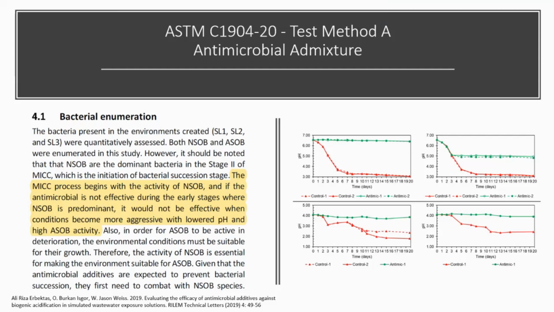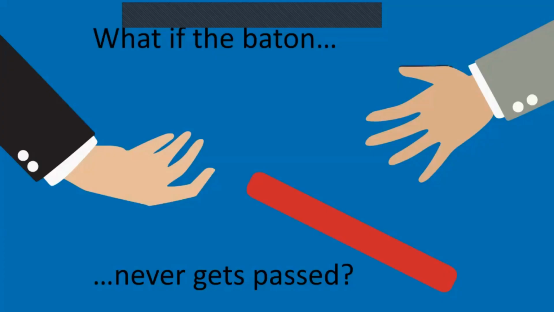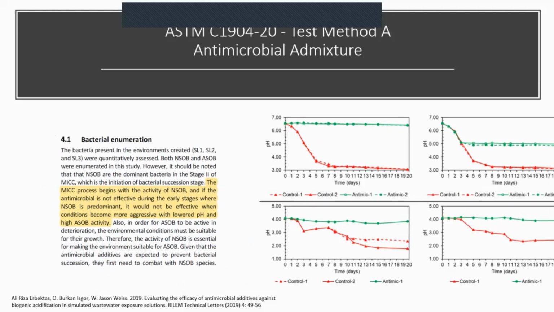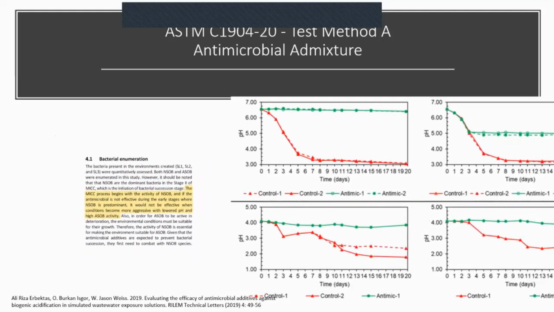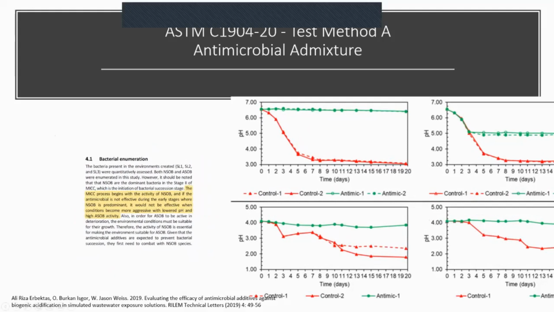So the whole case here is for the antimicrobials to be effective, you have to stop the chain of events, just like what we're talking about. And the testing that was done here shows that at different stages of pH, the antimicrobial solutions do have effectiveness. So this is a very important part of determining how these products work, and it is part of that ASTM standard.